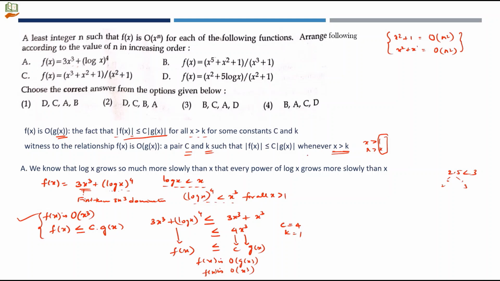And what is the value that we have to find? It is n. So they have mentioned f of x is big O of x power n. Here for this problem, A is stating that f of x is big O of x power 3. What is n from here? N is equal to 3. So just knowing the complexity is more than enough for this problem, but just try to know how to take c and k. It might be useful for you.